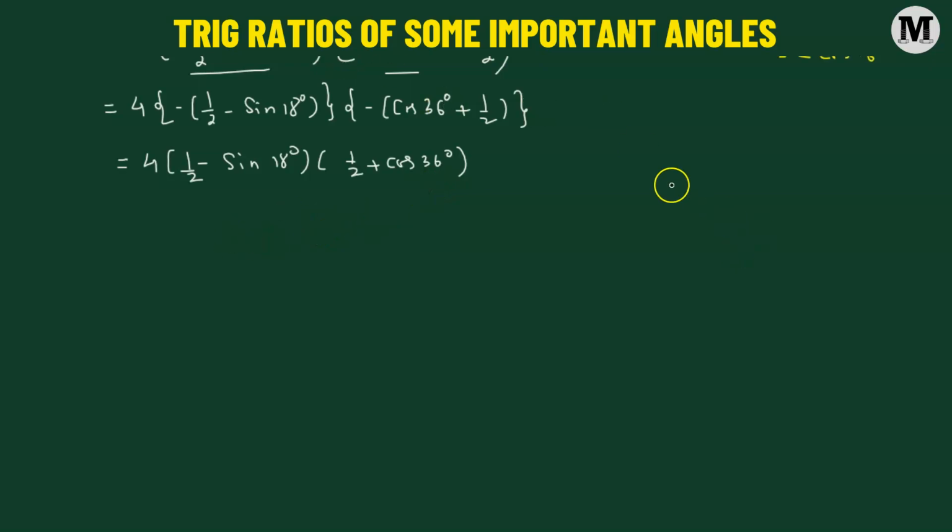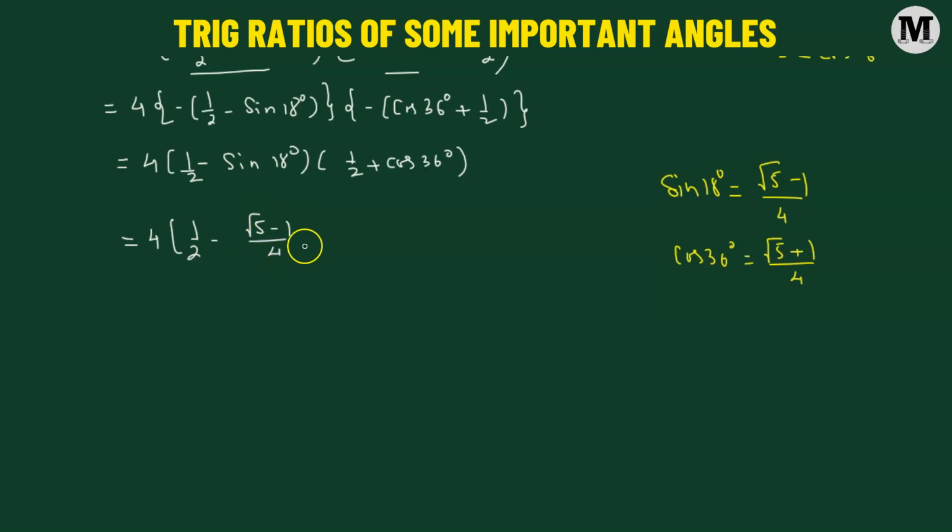Let's note them down. Sine of 18 degrees is square root of 5 minus 1 divided by 4, and cosine of 36 degrees is square root of 5 plus 1 divided by 4. We'll use these values. So we now have 4 multiplied by half minus square root of 5 minus 1 over 4, multiplied by half plus square root of 5 plus 1 over 4.